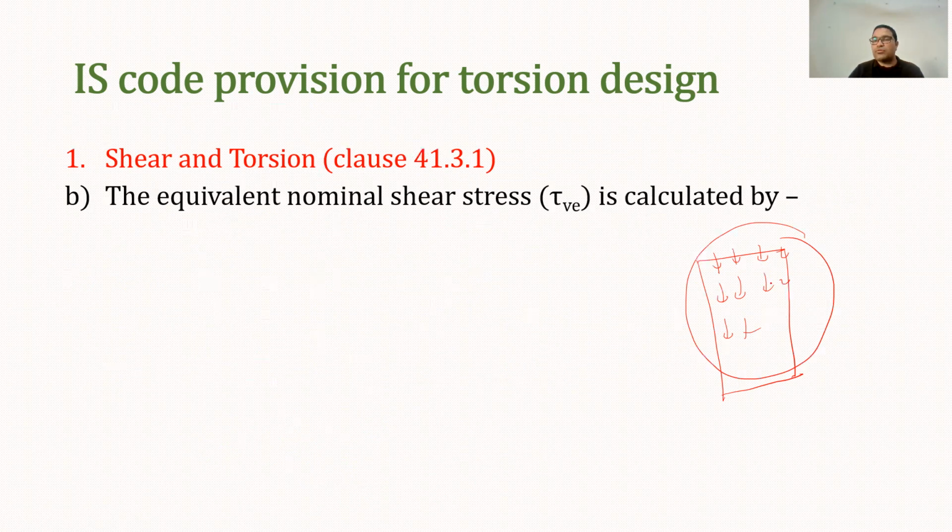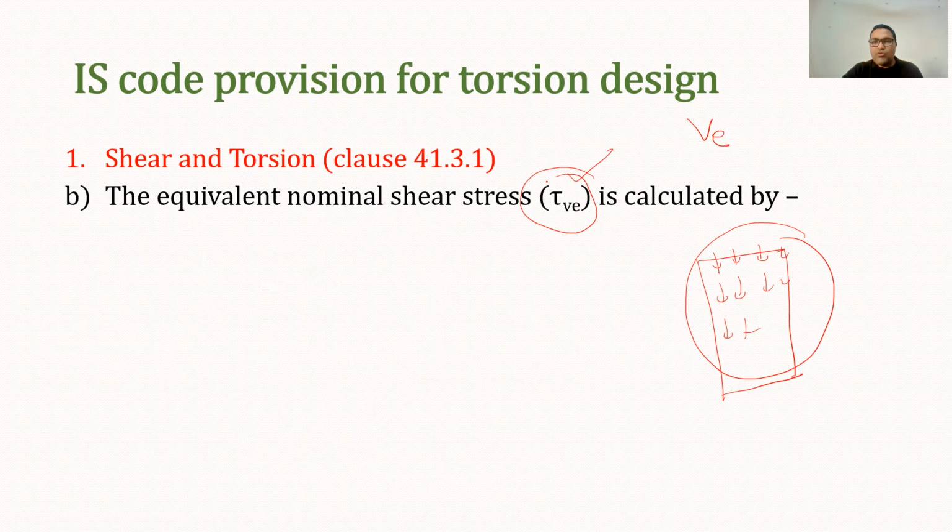If we want to find the force per unit cross sectional area, we call it the equivalent nominal shear stress. So basically the value of VE per unit cross sectional area is known as tau VE. So that is the actual action on the beam.